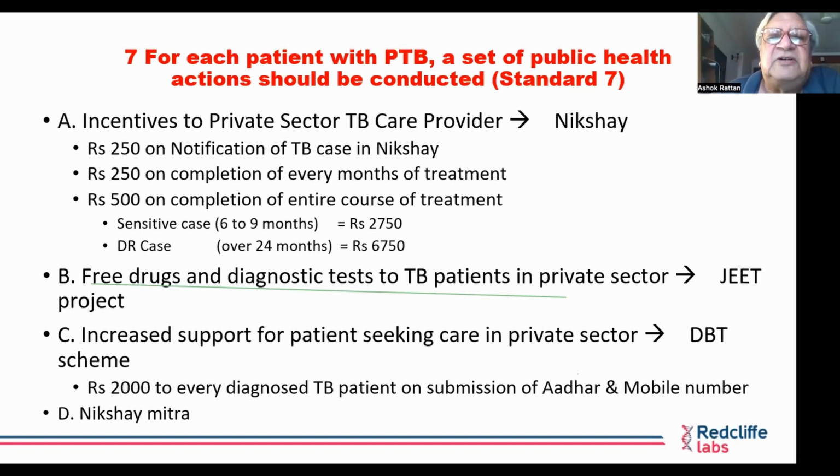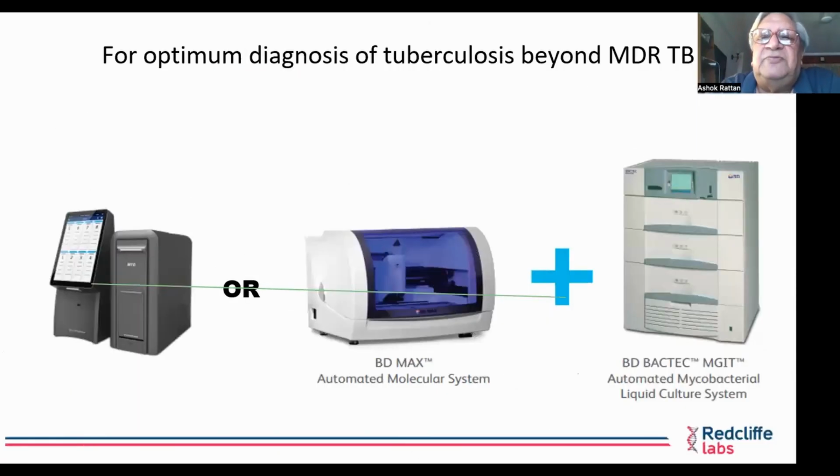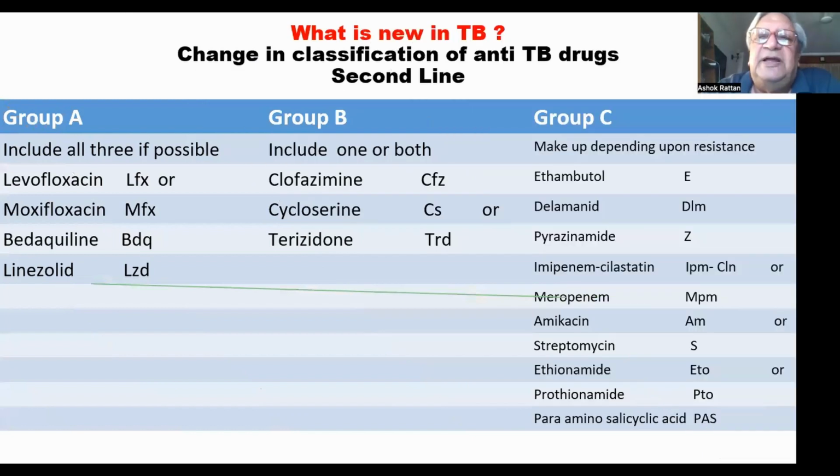So this is a comprehensive treatment of drug-sensitive tuberculosis. It would mean that if there is no resistance, then only one test is required, while in case there is some resistance, then you might have to culture. At this moment, about 18 drugs are available, and they have been classified into Group A, Group B, and Group C, depending upon their effectiveness.